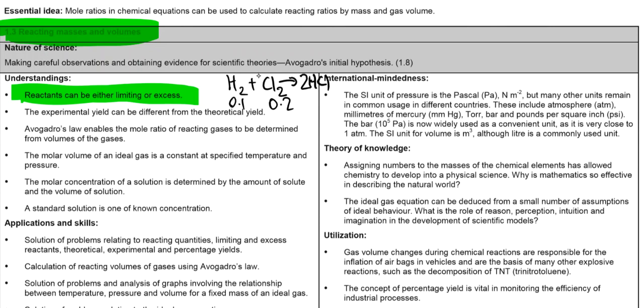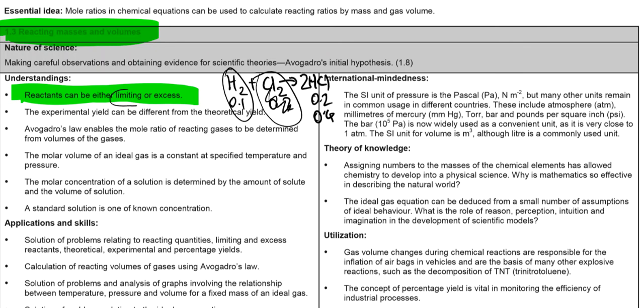So this is the reactant in excess, this is the limiting reactant, and the final amount of product we make will be 0.1 times 2 based on the coefficient, so it will be 0.2 moles of this, not 0.4, because we cannot react all of this because this is the excess.